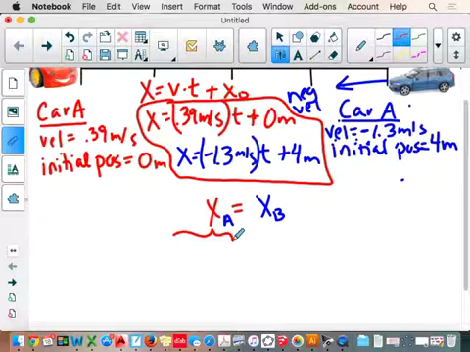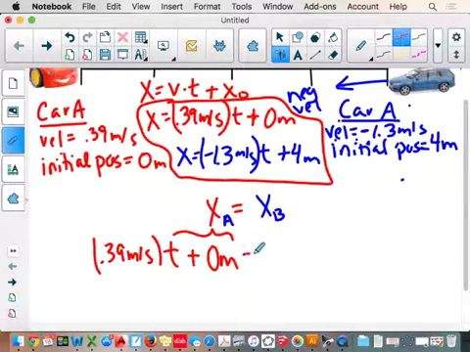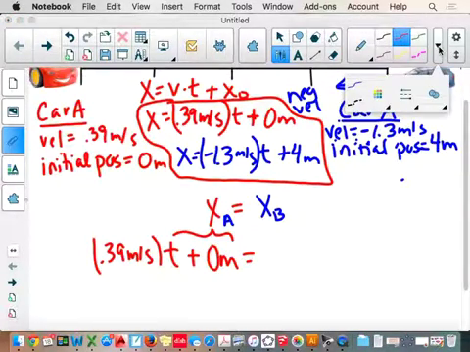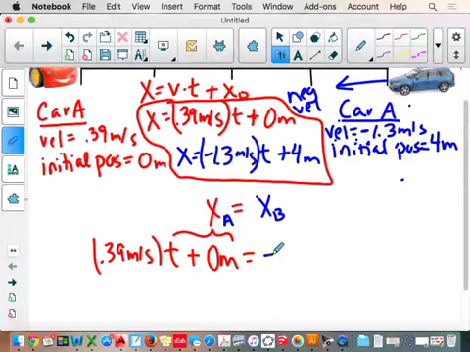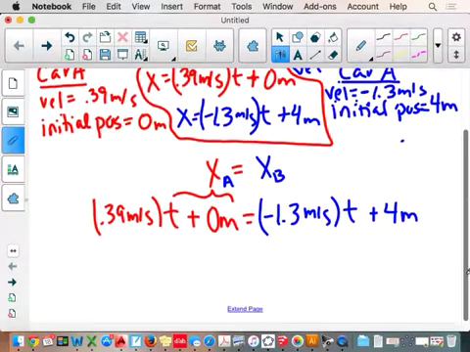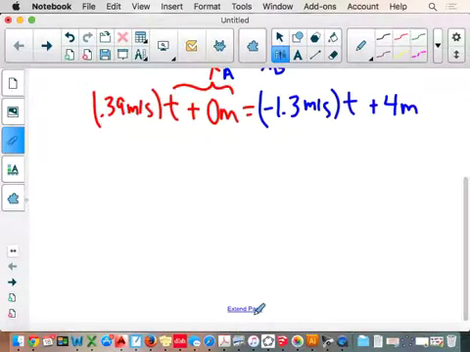So we're going to say, for position of car A, 0.39 meters per second t plus 0 meters. And that has to equal what we wrote for car B, which was negative 1.3 meters per second t plus 4 meters. All right, and now it just comes down to combining like terms.